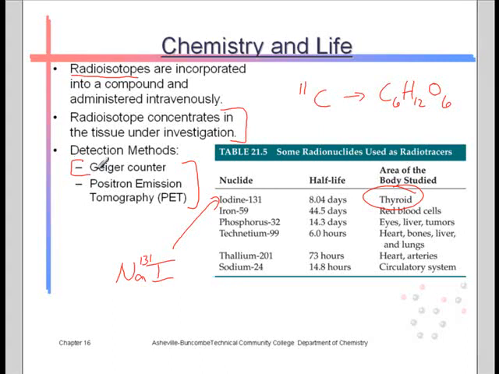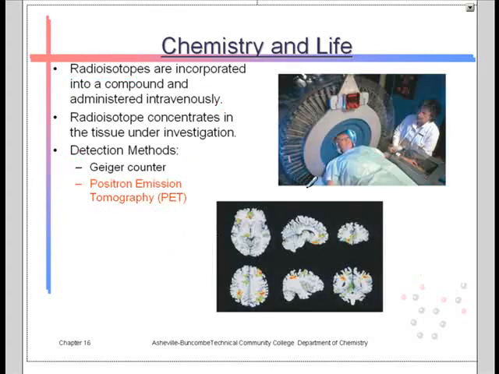Now, a more sophisticated method that can be used is positron emission tomography, PET. I do have a little picture. I pulled the pictures from the textbook. I didn't get anything real fancy here. I don't think the textbook does a great job at this, but what happens is the positron emission, and I can't remember an exact isotope that was undergoing positron emission.